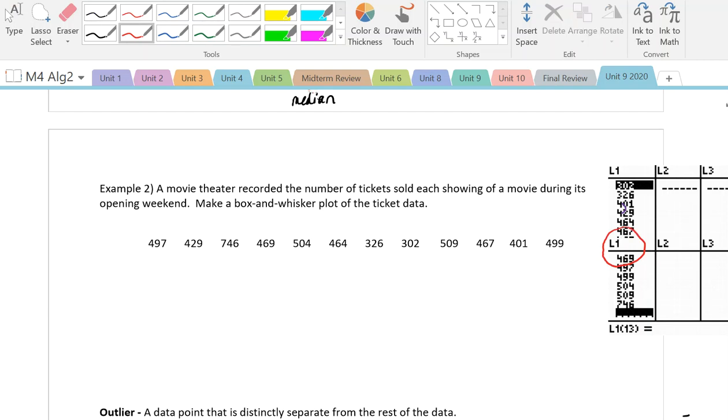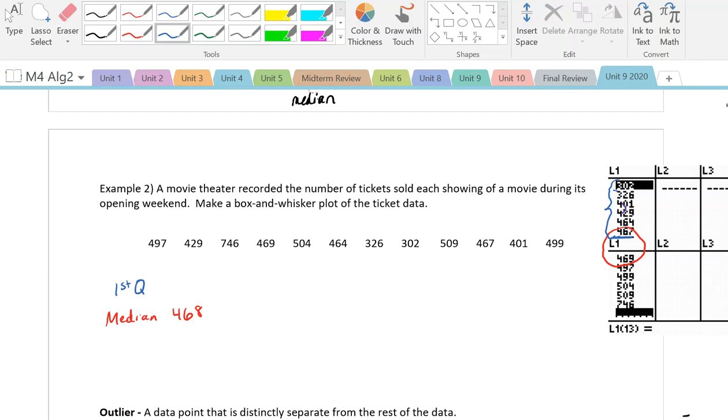467 and 469, the average is 468. Then when I go to find the first quartile, since this is not my median, I'm going to include it when I'm trying to find those values.